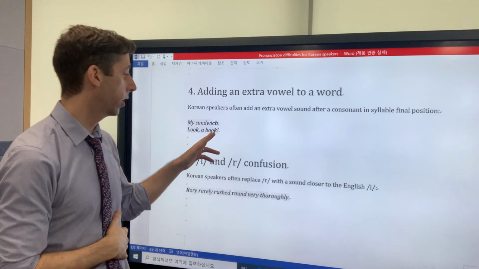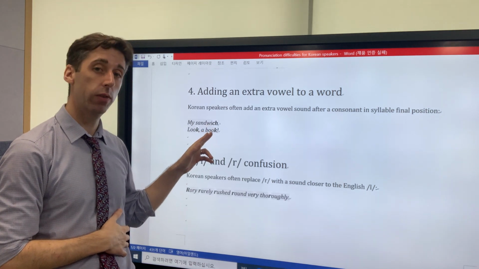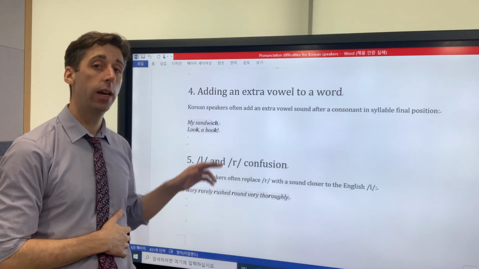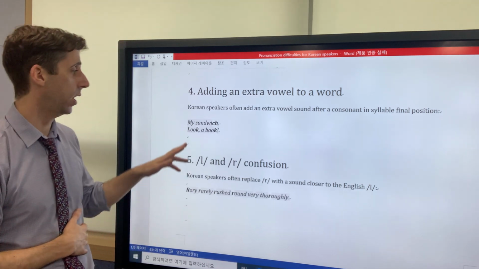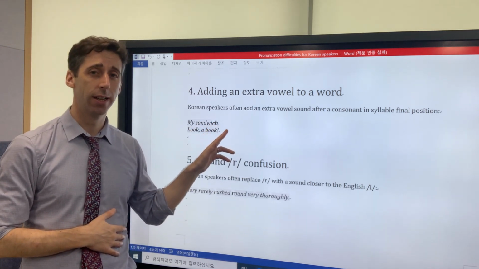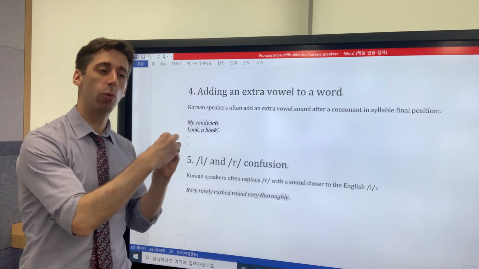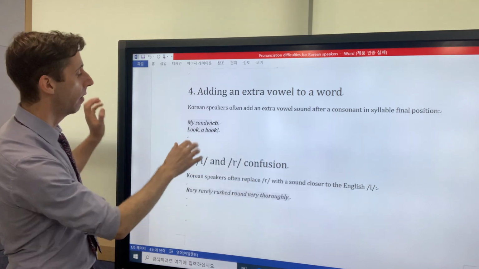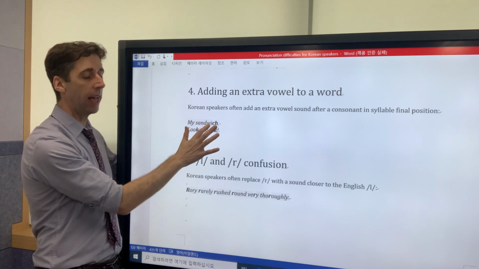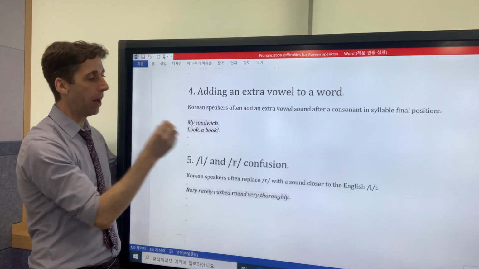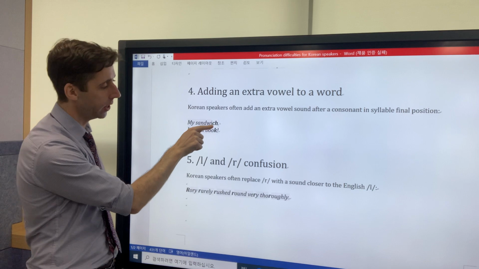However, in English, if our word finishes with a consonant, it's very important not to say sandwichy or buku. There's no E. So we take that away, okay?